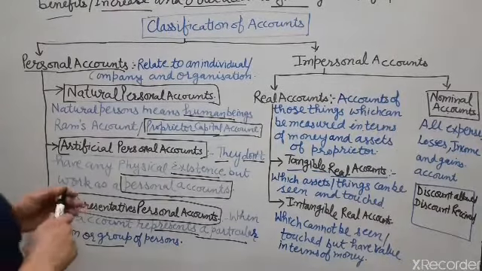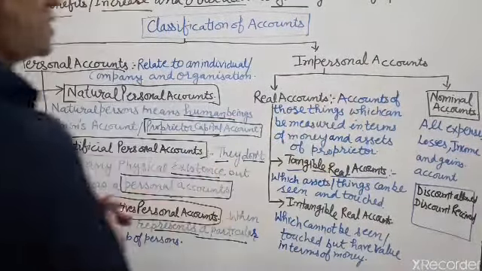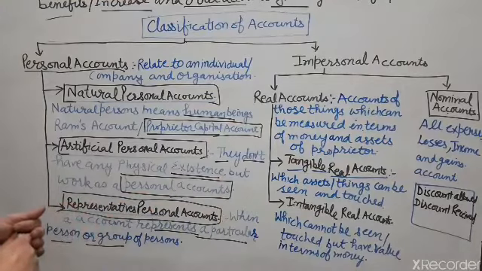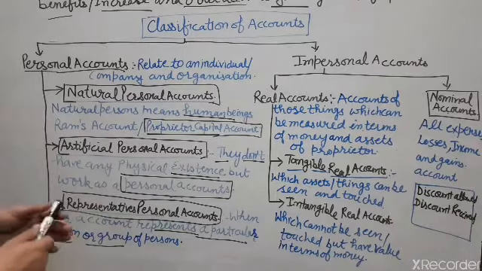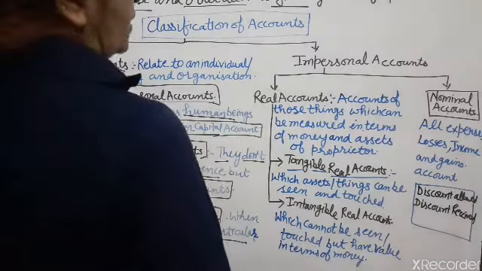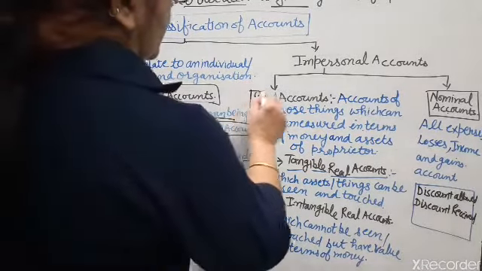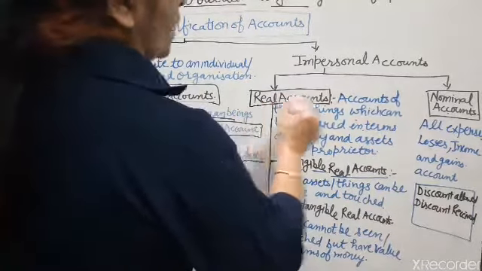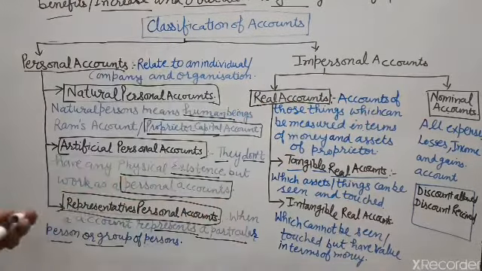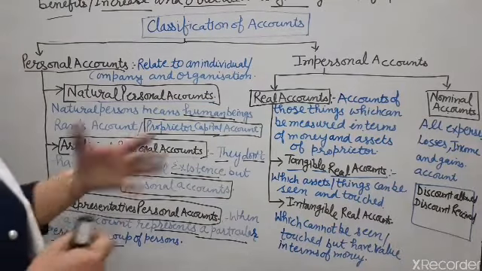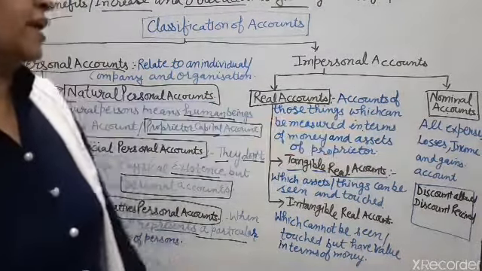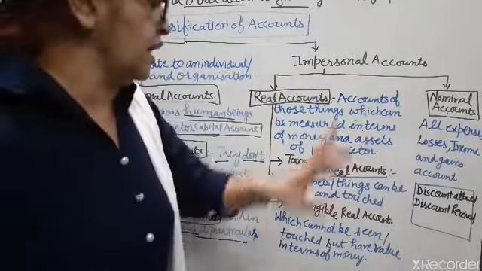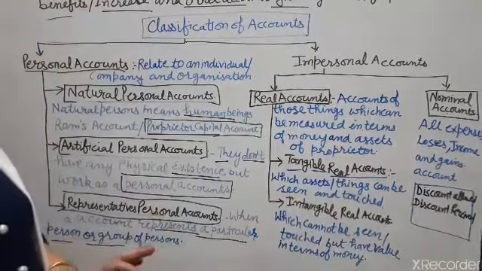Now the second part of the accounts is impersonal account. Impersonal means which are not an individual or any person. So impersonal accounts are divided into two parts: number one, real account; number two, nominal account. Real means reality, accounts of those things and items which can be measured in terms of money.